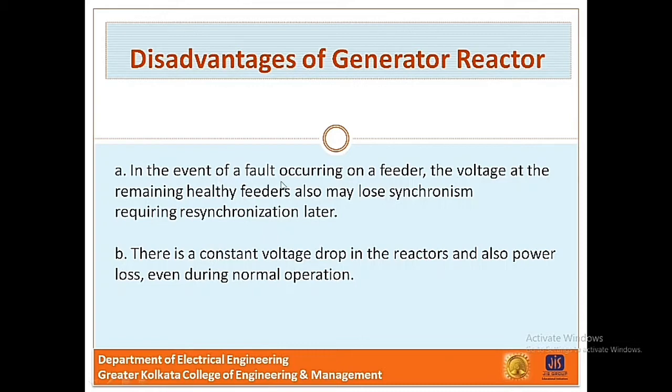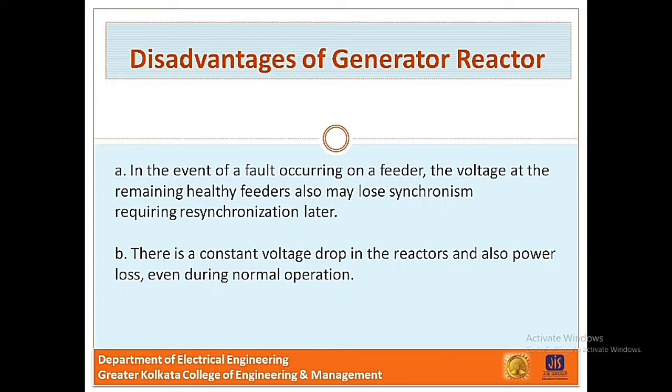Now, in the event of a fault occurring on a feeder, the voltage at the remaining healthy feeders also may lose synchronism, requiring resynchronization later. So, if a bus bar or feeder fault occurs close to the bus bar, the voltage at the bus bar will reduce to a low value, thereby causing the generator to fall out of step.